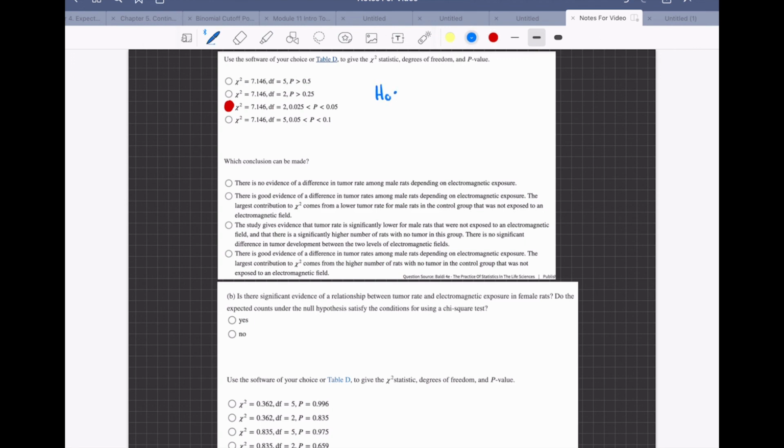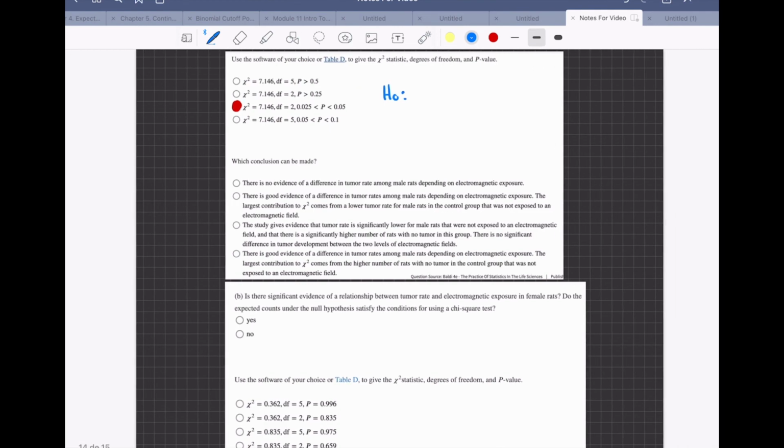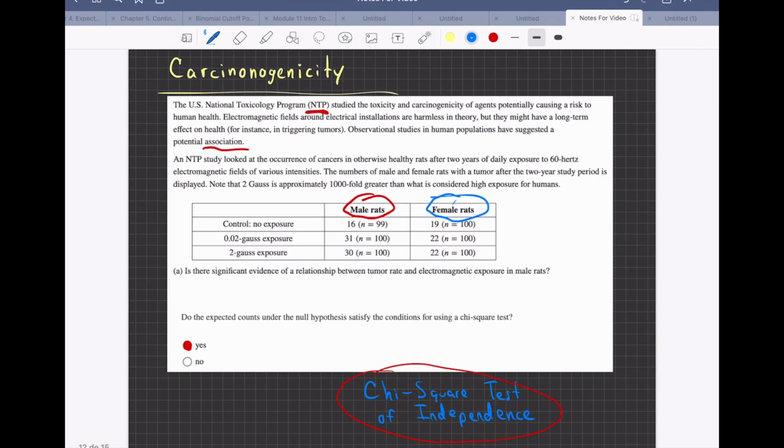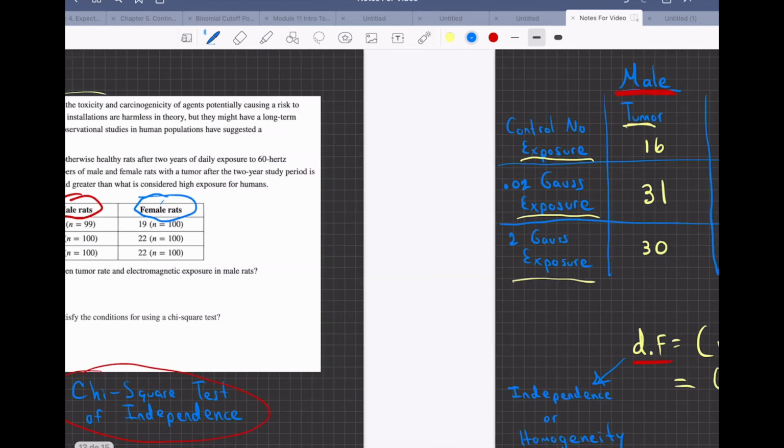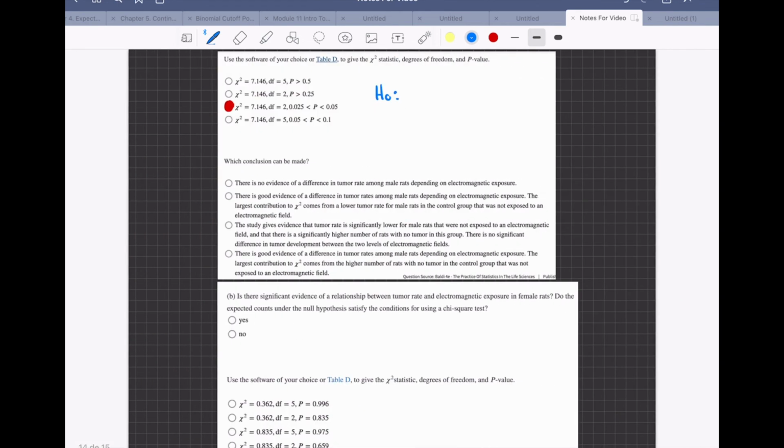H null, since we have independence or association, there is an association... No, I'm sorry.